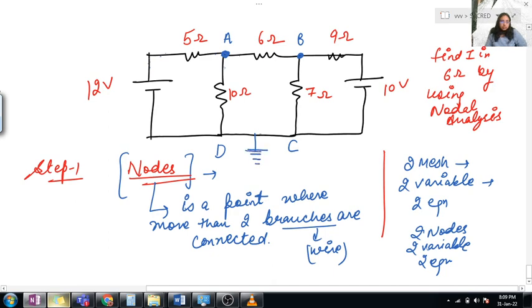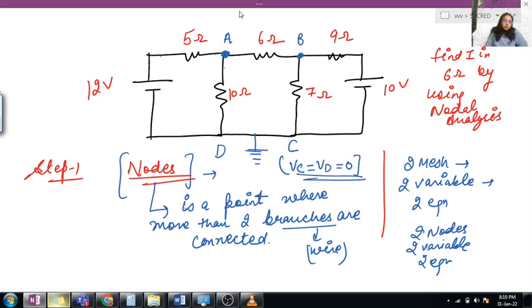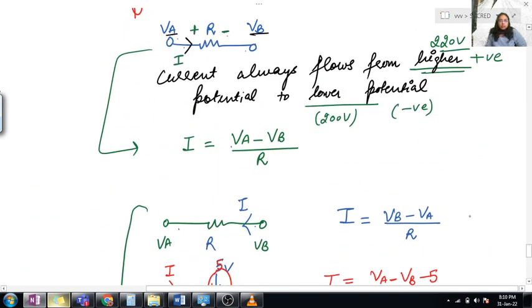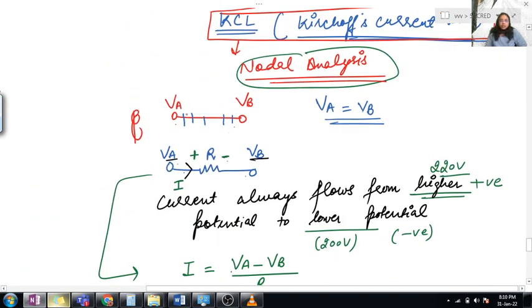So in the next step we'll do grounding across the node. If we do grounding, the potential at this point would be 0, meaning VC is equal to VD is equal to 0. Why is it 0? I'm telling you again, because at this point and at this point there is no element connected. As I told you above, if there is a plain wire, at every point the potential will be the same.